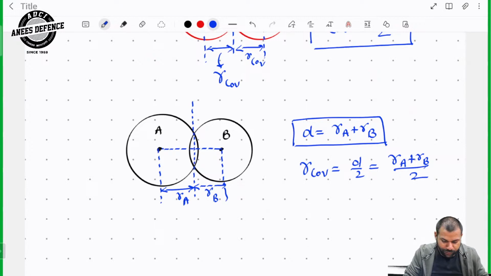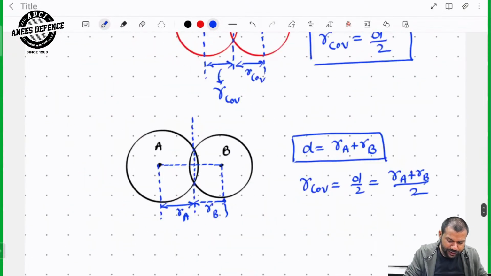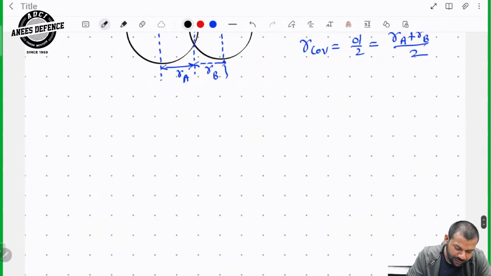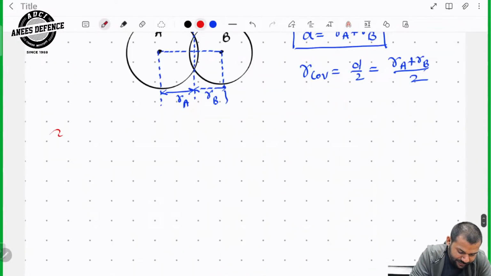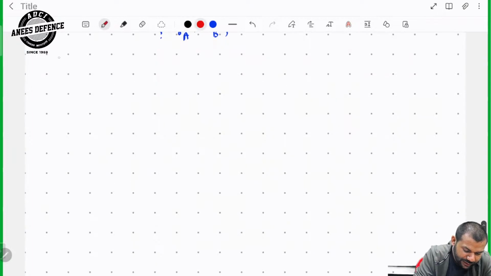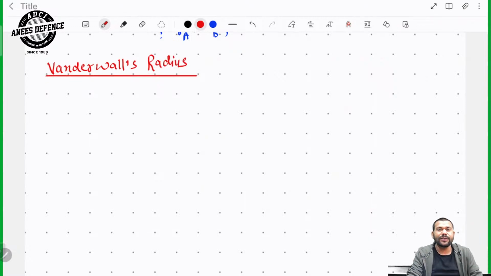Okay, so the next point. After covalent radius we have the van der Waals radius. So one more topic is van der Waals radius. Van der Waals radius is defined for non-polar molecules.